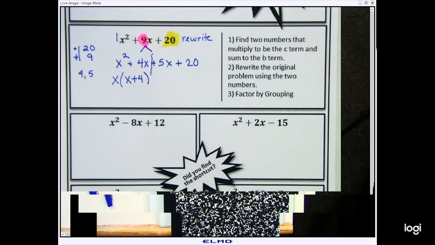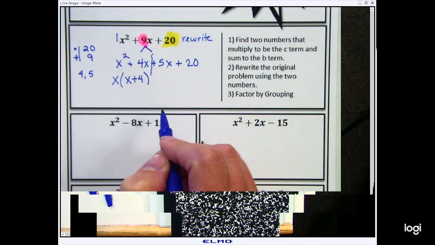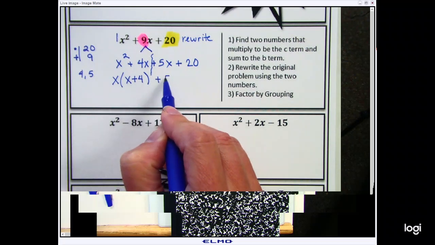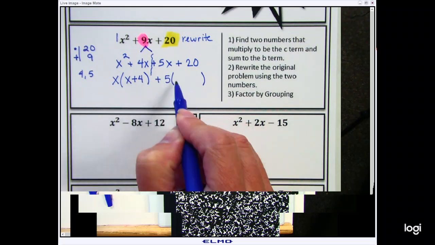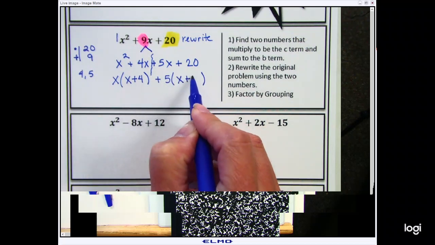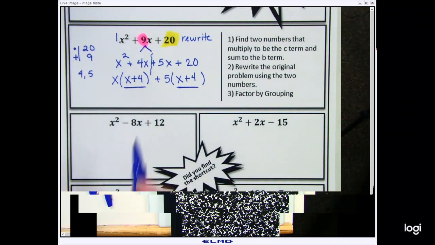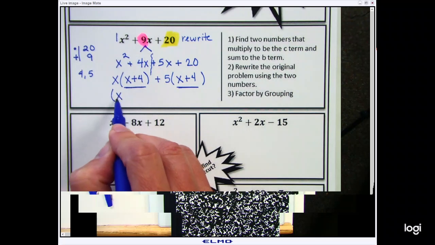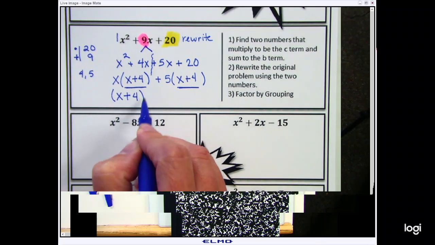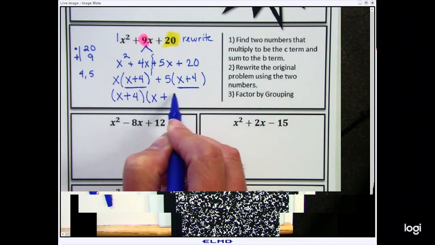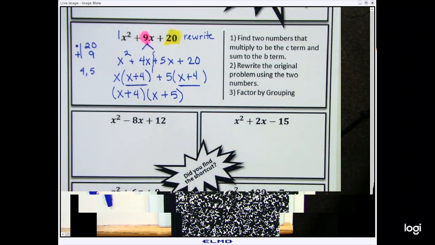Greatest common factor on the right. 5 is not 4 times. Positive or negative? Positive. What am I left with? x plus 4. Do I have a greatest common factor now? Yes. So I rewrite this as x plus 4, x plus 5.